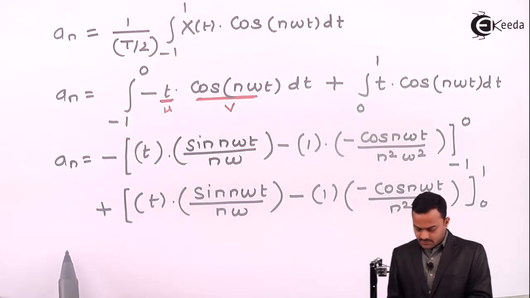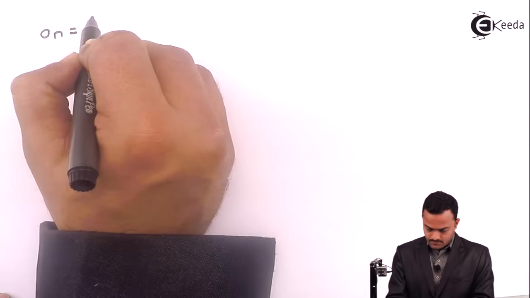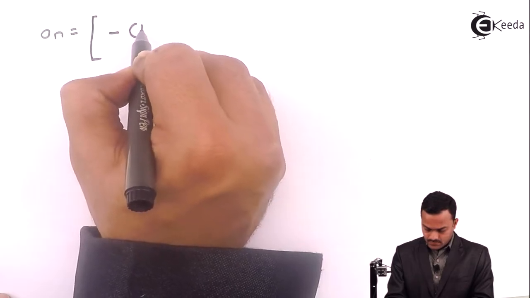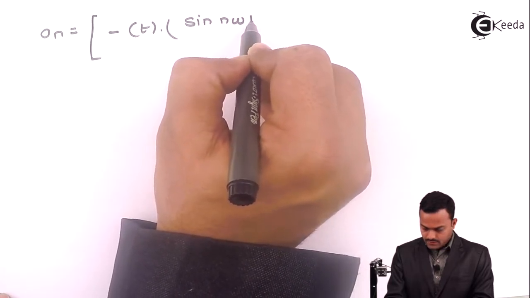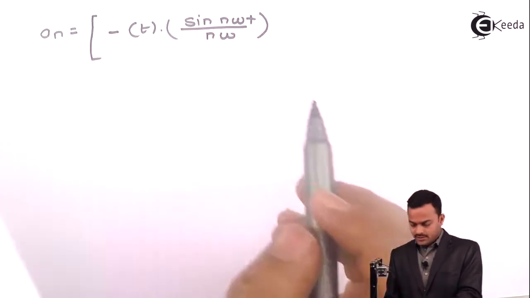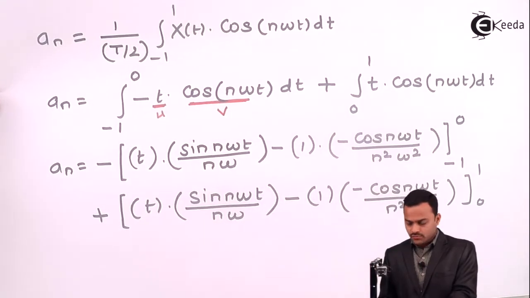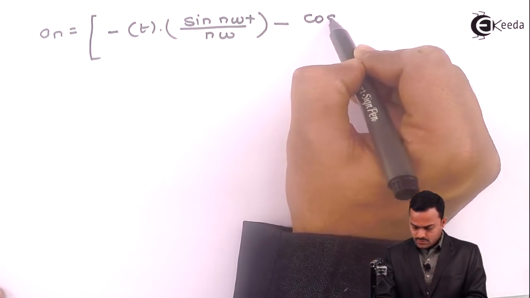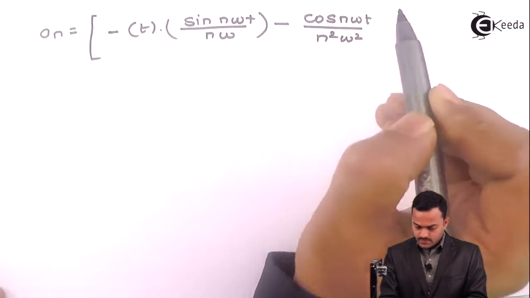So if I adjust the minus term, I will get an as in bracket minus t into sine n omega t upon n omega. Over here, we are having three times minus. So in the end, result will be minus only. So it will be minus cos n omega t upon n square omega square.